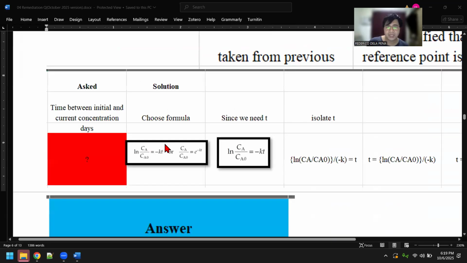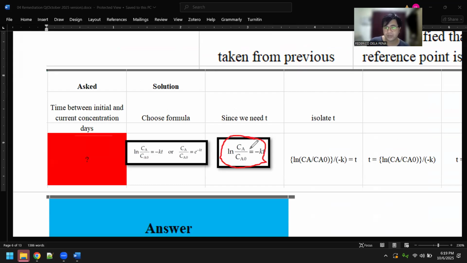From here, we can again manipulate the formula. We can use the first form of the equation, and from there we can isolate the time, t.